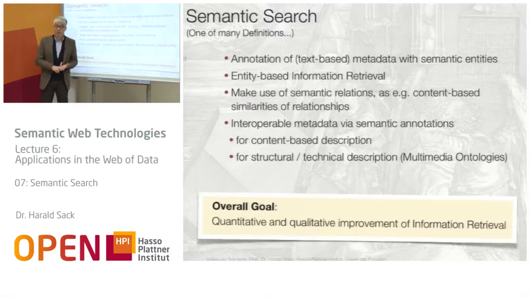And we do this by mapping our information resources against semantic entities and by applying semantic search. It means entity-based search on our semantically annotated documents. And this results in an improvement of recall and precision. And this would be some kind of semantically enhanced classical information retrieval.